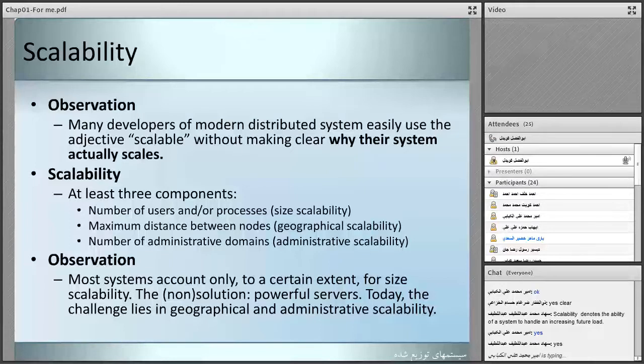It's not true that you think in distributed systems there is only one administrator. Usually we have different administrative domains in our distributed system. So these are different components of scalability. So scalability is not only in terms of size.